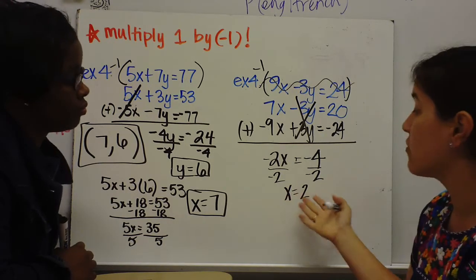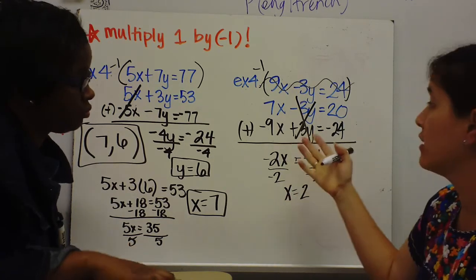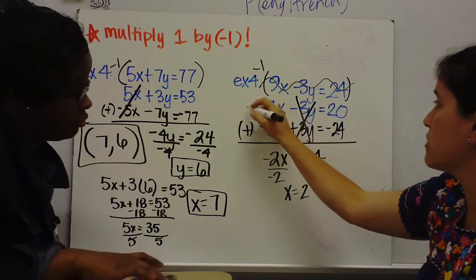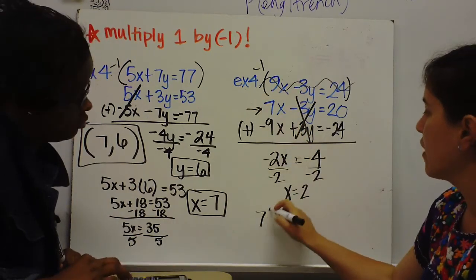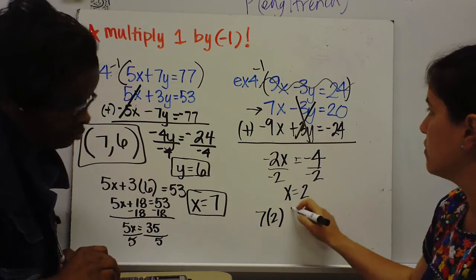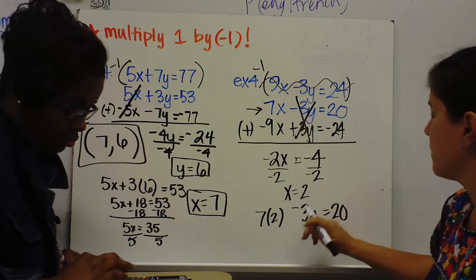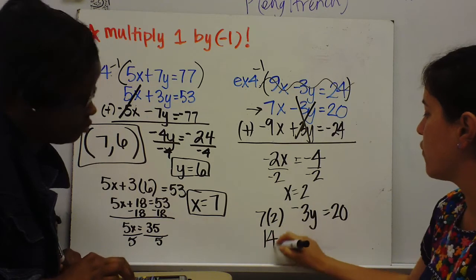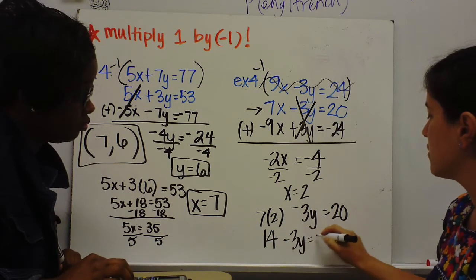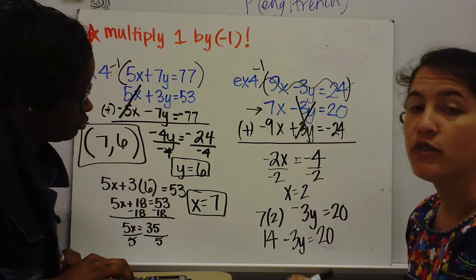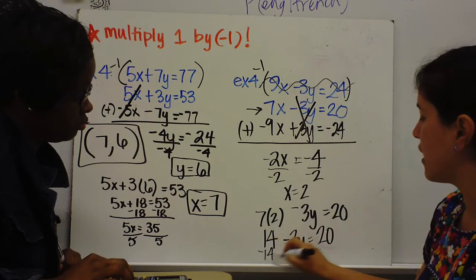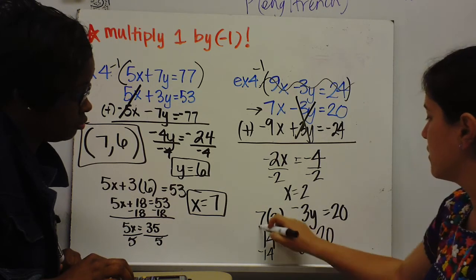To find the rest of our solution, we plug it back in like we've been doing. I'm going to plug it into this blue one right here. 7 times 2 minus 3y equals 20. 7 times 2 is 14. You need to subtract 14 from both sides.